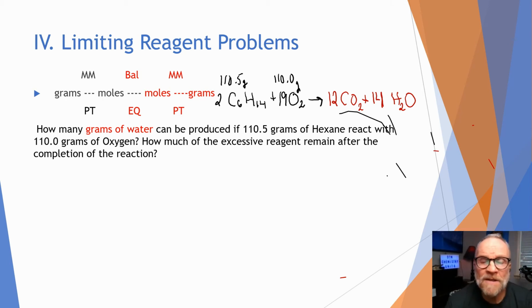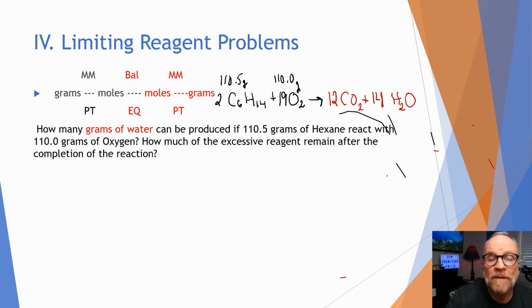And we figure this out by doing the problem in two different steps. We figure out the limiting reagent, and then from there we can figure out how much product we can produce. And then in a separate step, we can figure out how much of the peanut butter, the excess reagent, is left. So let's do an example problem here.